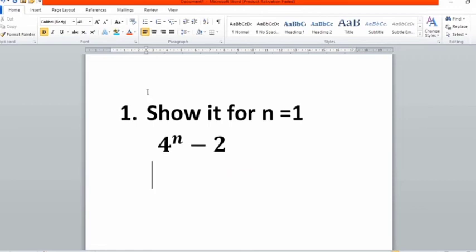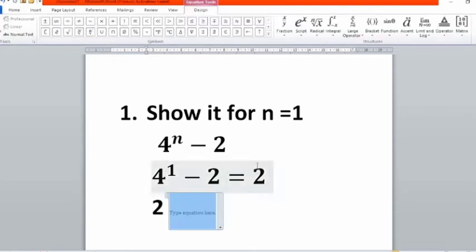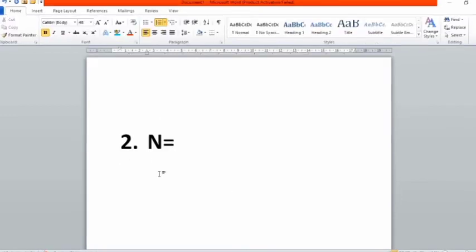So, 4 to the power of n minus 2 will become 4 to the exponent of 1 minus 2, which is 4 minus 2 equals 2, divided by 2 is equal to 1. Therefore, it is proven. Second step, n equals k. So let us assume that it is true for n equal to k.